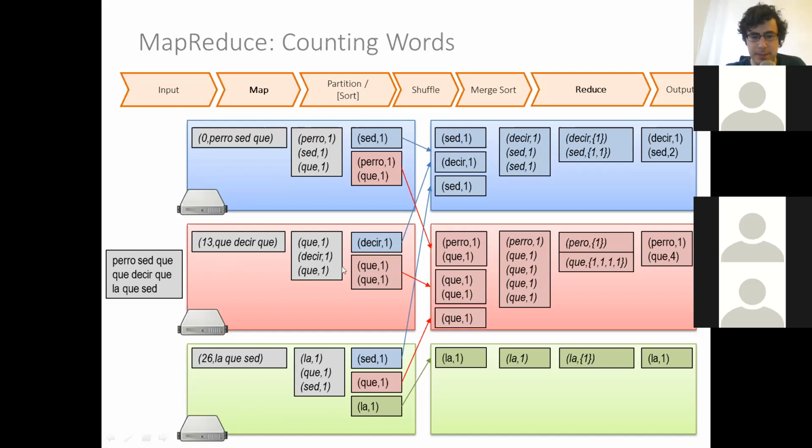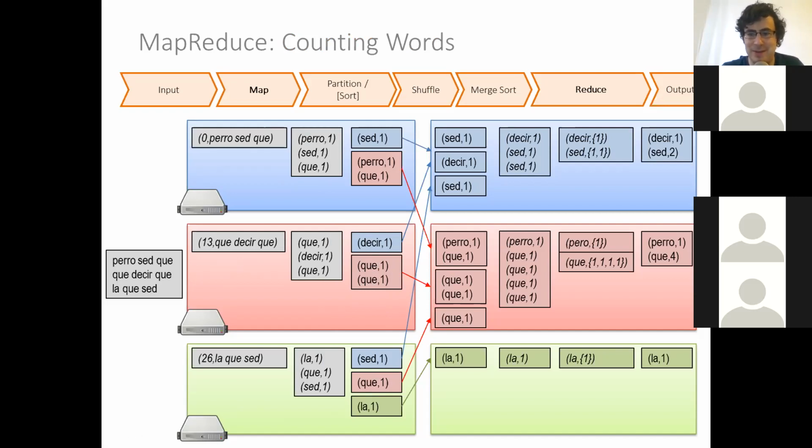If we look at this process, we see that we have K1. If we imagine we had a very popular word like "de" or something that appears many times in a file, in this process we would have (de,1), (de,1), (de,1), (de,1), (de,1), right? And this is sorted, so it seems a waste.